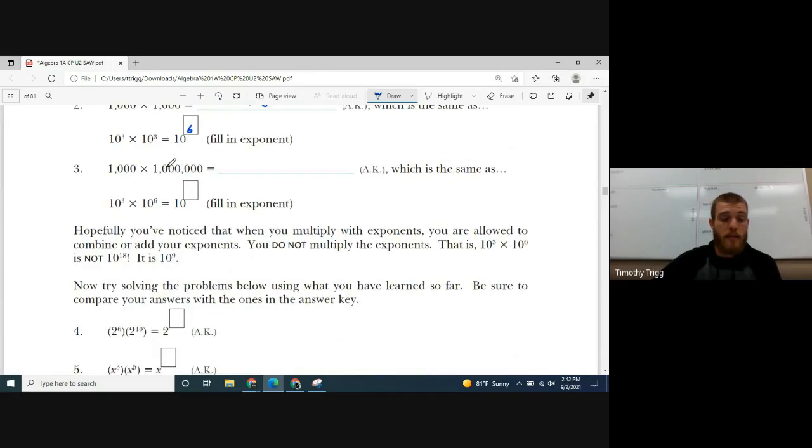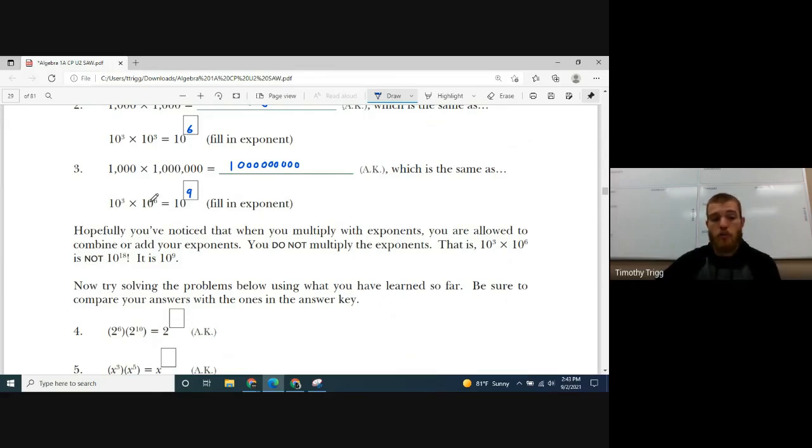If I was going to multiply this, this would be 1 with 9 zeros, total zeros. 3, 4, 5, 6, 7, 8, 9. Well, 10 to the power of 3, that's 1,000. 10 to the power of 6, that's 1 million. So that'll give me 10 to the power of 9, which is what this is, 9 zeros.